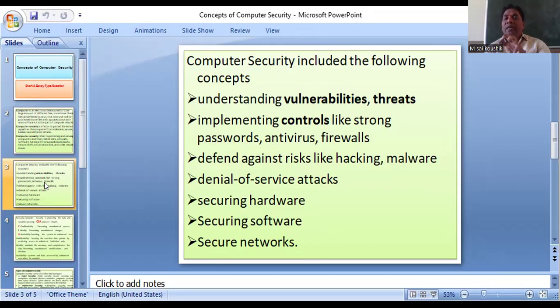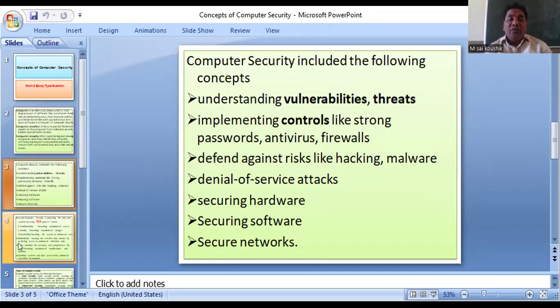Whatever is included in the system, the entire software will be secured by computer security. And computer security secures the networks. All the secure networks included in the computer are controlled by what is called computer security.